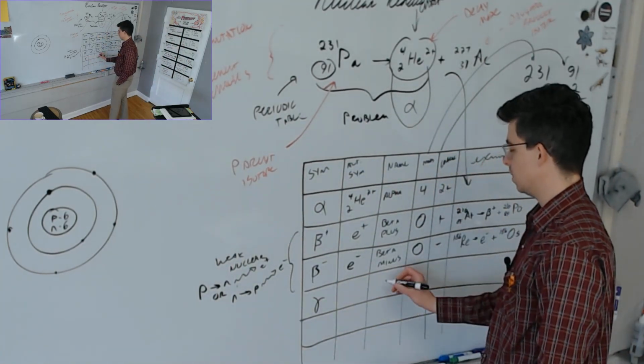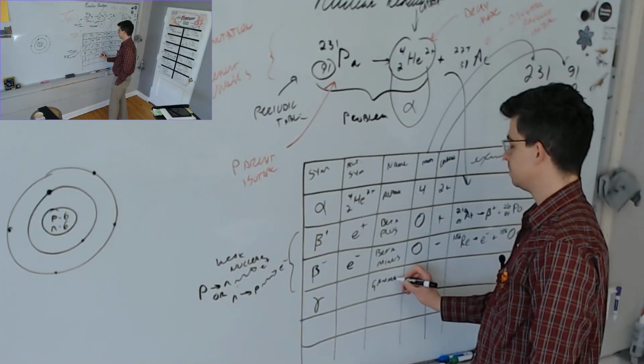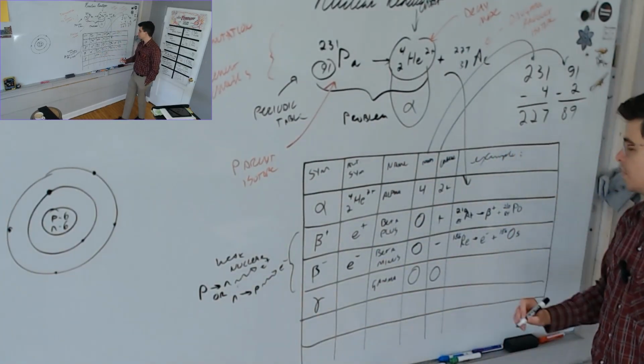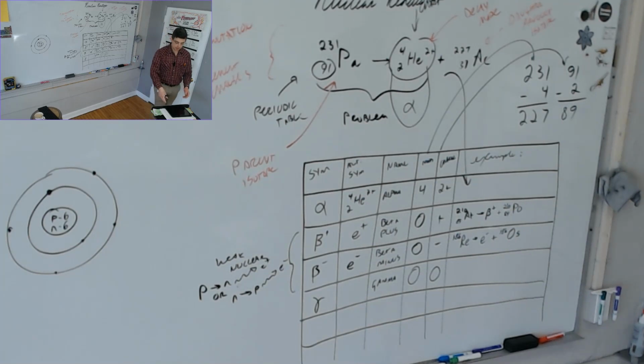That one does not have an alternate symbol. Gamma has no mass and no charge. Gamma is a kind of light that is emitted. It's a high energy kind of light that is emitted by some elements as they decay. Not every element as it decays emits it, and it's not the only source of gamma radiation, but this is one of the sources of gamma radiation.